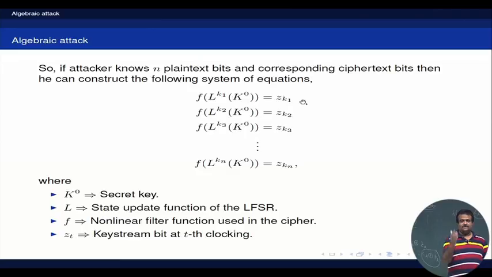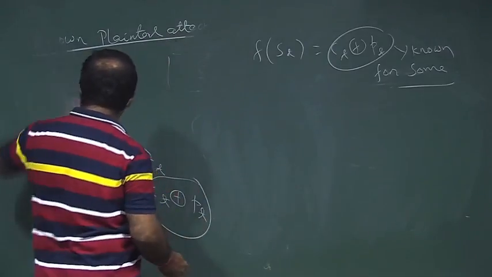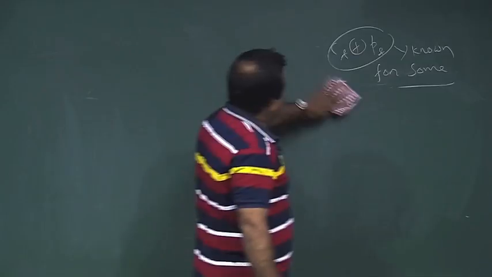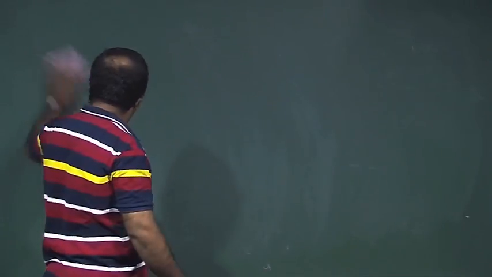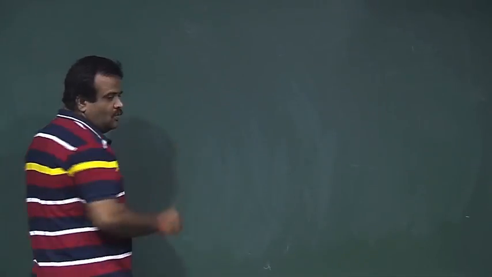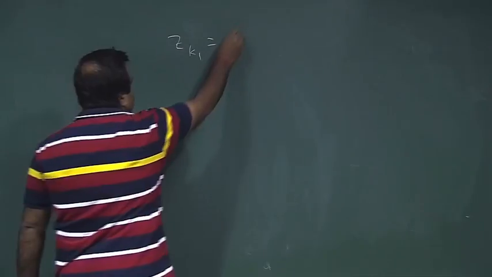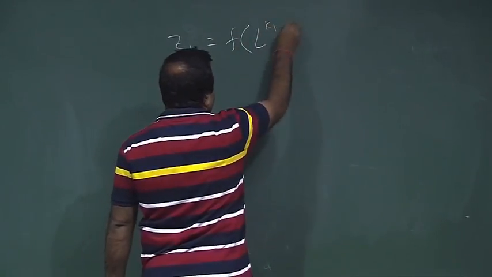Say for example, if we know the first k plaintext bits and the corresponding ciphertext bits, then what we have is this z of k1, which is basically f of L of k1 k0.